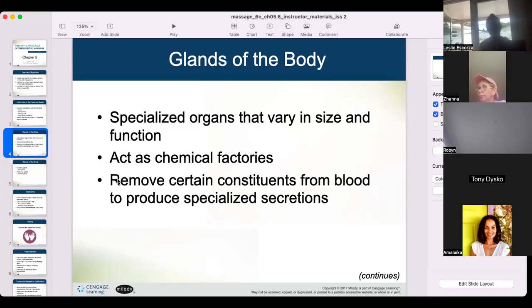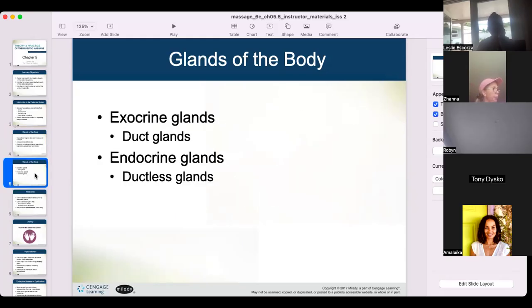Okay, and it also removes constituents from the blood to produce specialized secretions. That means these glands will pull nutrition or whatever they need from the blood to create those special secretions for whatever job the body needs done.